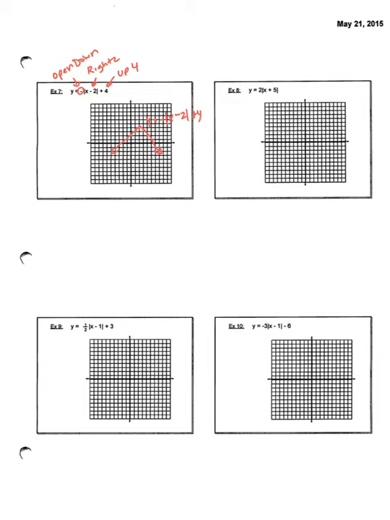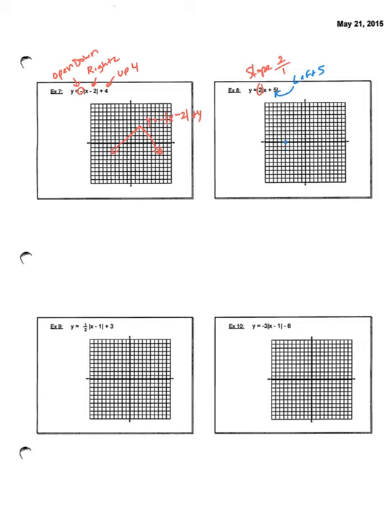So in example 8, now I'm changing the slope. So we have a 2 out here. That means my slope, instead of going up 1, right 1, is going to go up 2, right 1. My shift is still the same process. I have a +5 in here, so it's going to take me to the left 5. So I plot my vertex, left 5, 1, 2, 3, 4, 5.